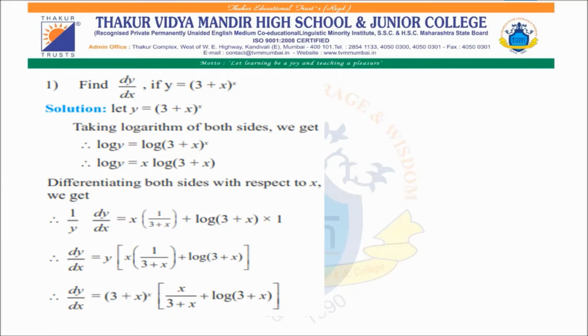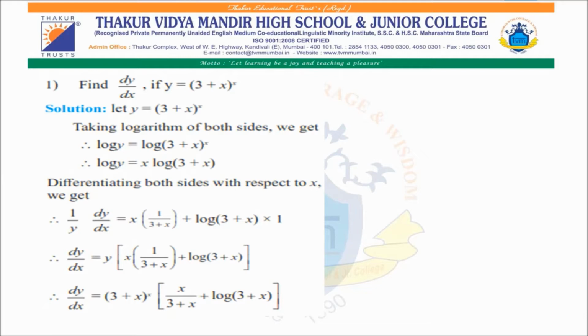So we have two functions in multiplication, so we apply the product rule for u into v. The derivative of u into v is u dv by dx plus v du by dx. So u as x into d by dx of log of 3 plus x.